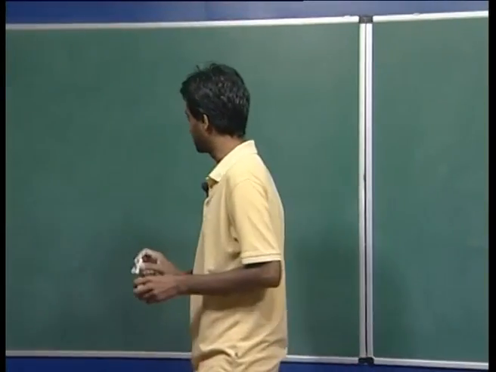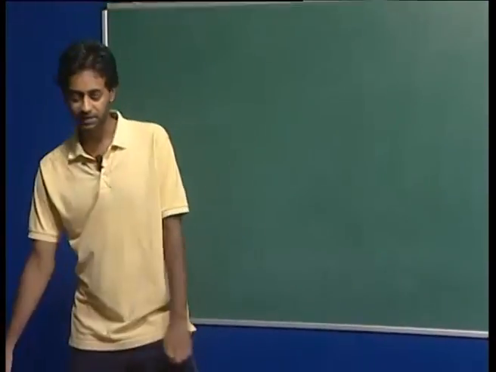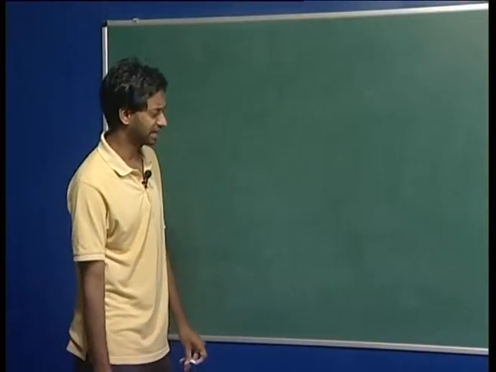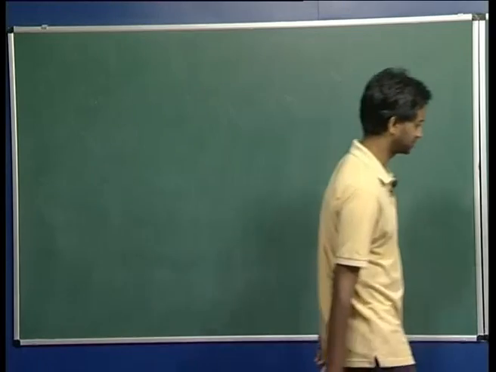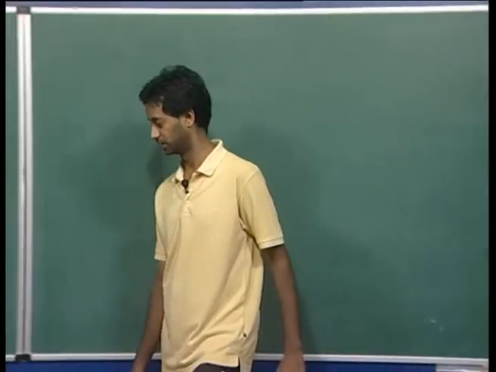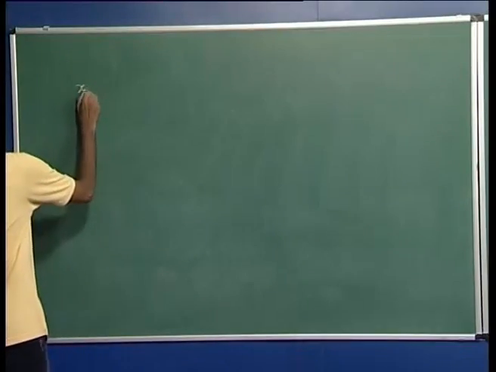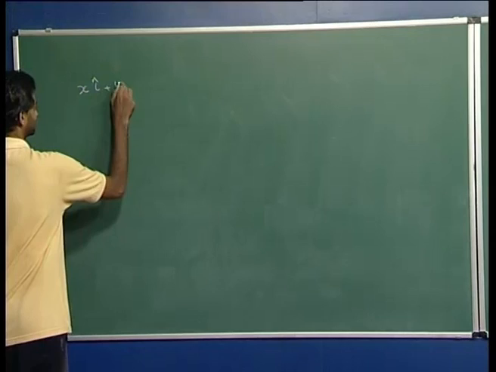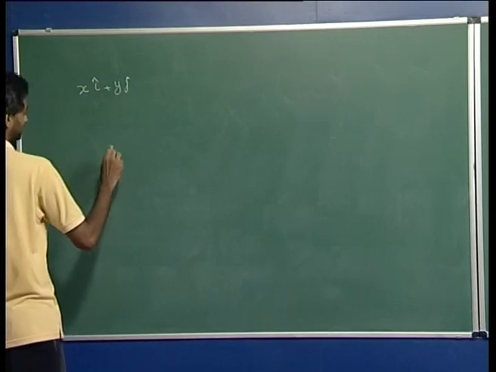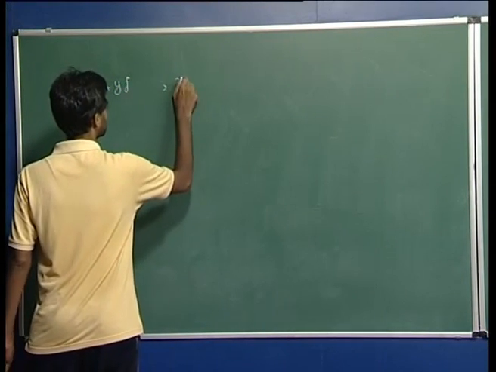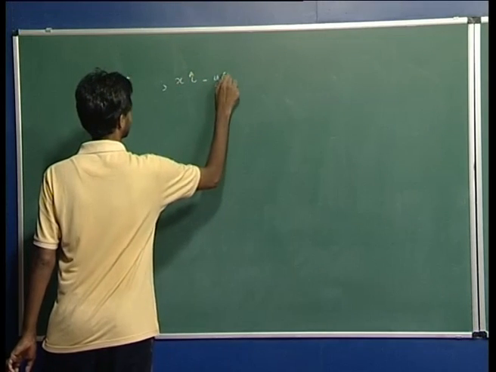So, finally, I will just mention briefly about the curl, and to give an example of the physical significance of the curl, we will take another example of a field with a non-zero curl. So, remember we had plotted these fields xi plus yj, and xi minus yj.